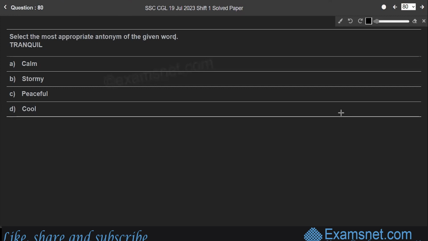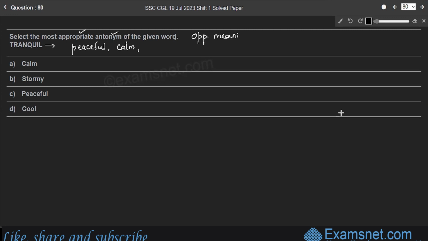Question 80. Select the most appropriate antonym of the given word tranquil. Tranquil means free from disturbance, peaceful or calm. Here we need to find the antonym of the given word. Antonym means opposite meaning.